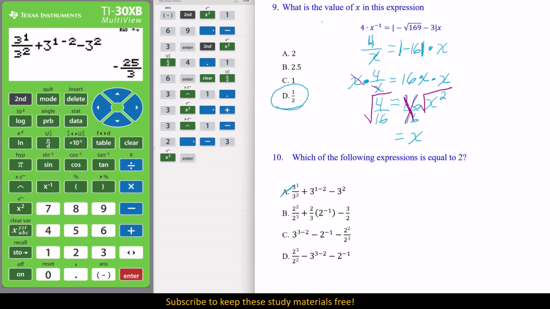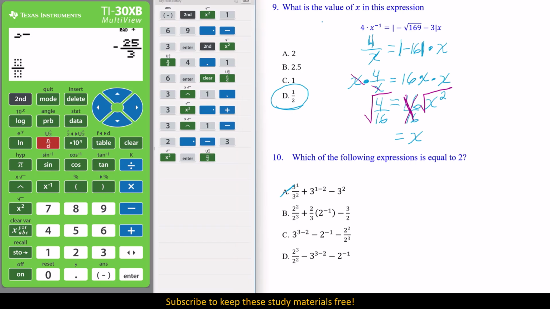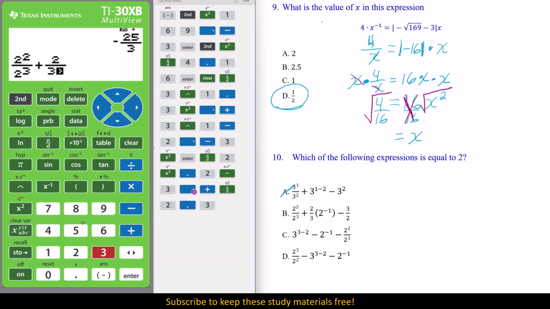Let's do B. They also start with a fraction on this one. Okay, 2 squared, go down, and that's 2 carried up to 3. Arrow all the way over. It's going to take a couple taps to get that. And then we need plus and a fraction, which is 2 over 3. Make sure that you go over enough to get out of that.